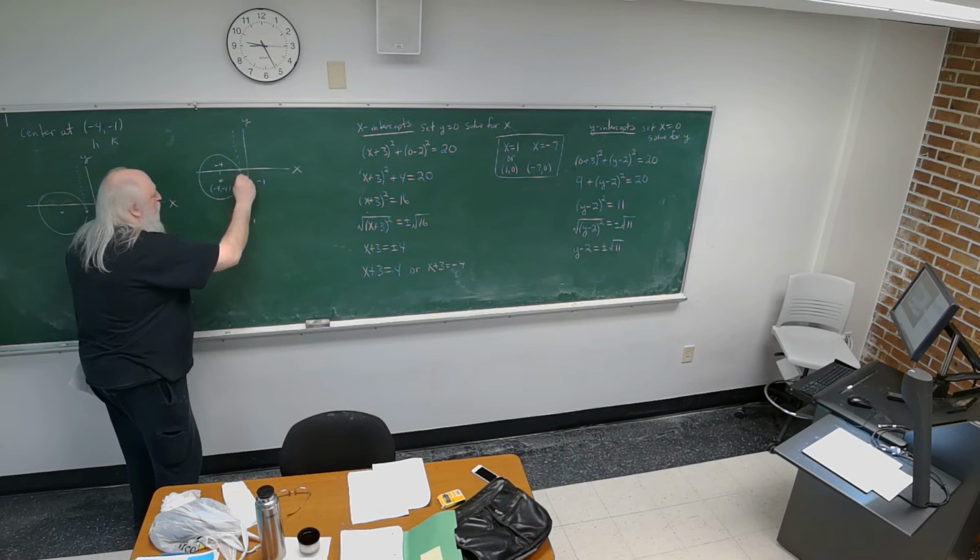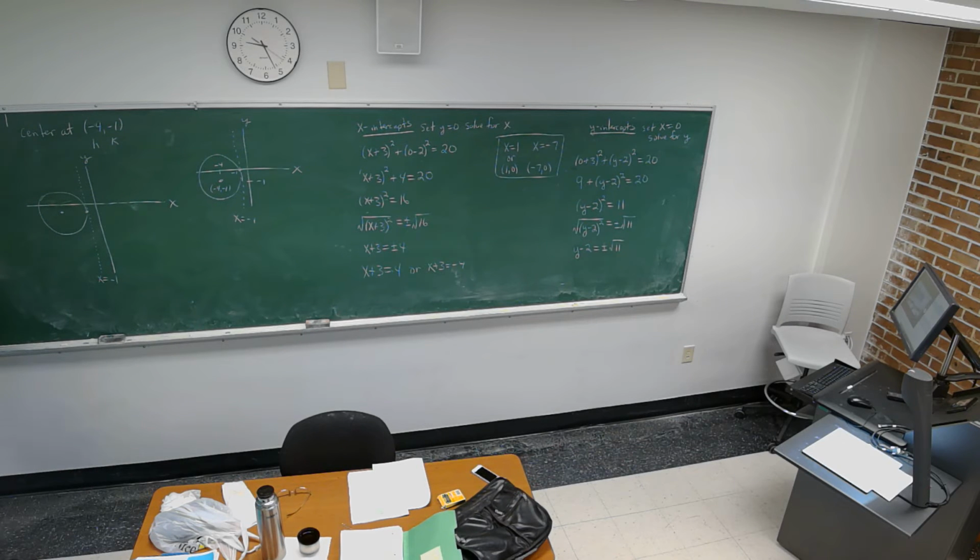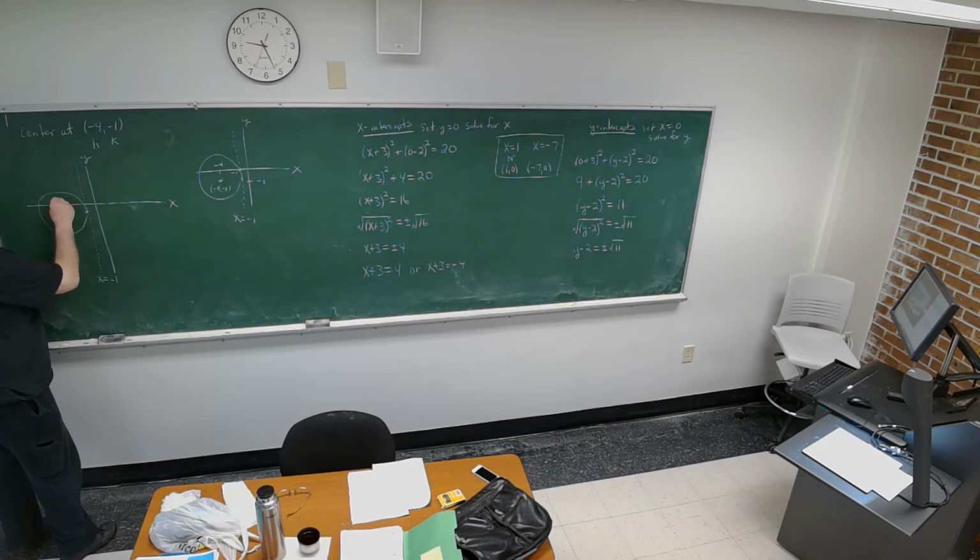Here's minus 1 on the x-axis. But I'm sort of doing it backwards. I draw the circle first, and now I'm filling in the x and y axis. So here's minus 4 on the x-axis. Here's minus 1 on the y-axis.